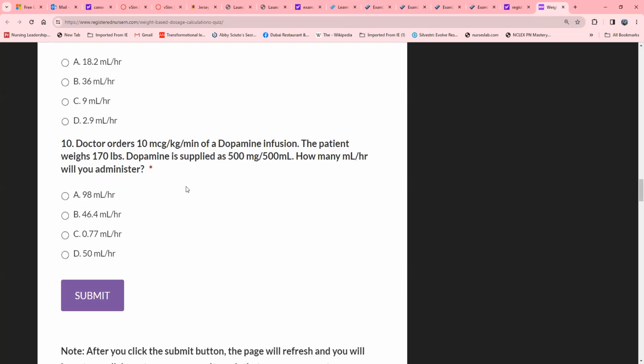And we need the 500 milligrams per 500 mL. So we're going to start with our weight here. You always have to start with that. If it's converted, you don't do anything with it. If it's not, then you have to convert it.